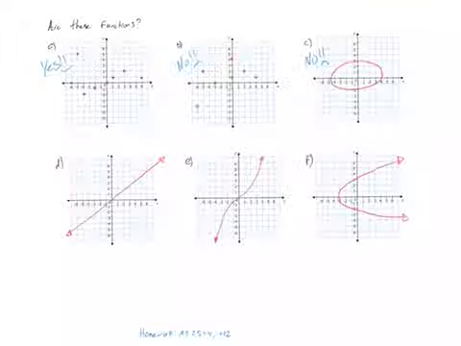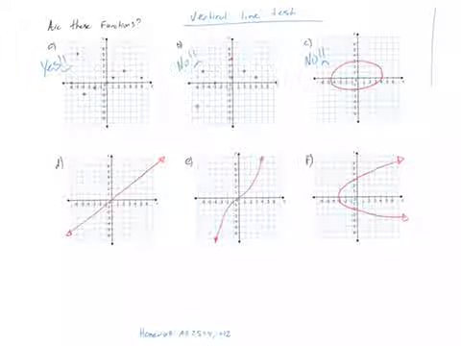Now maybe you've started to see a pattern in ones that look like functions and ones that don't, and that is what we call a vertical line test. A vertical line test simply means that if you draw vertical lines, which is, remember, going up and down like that, if it touches more than one point, then it's not a function.